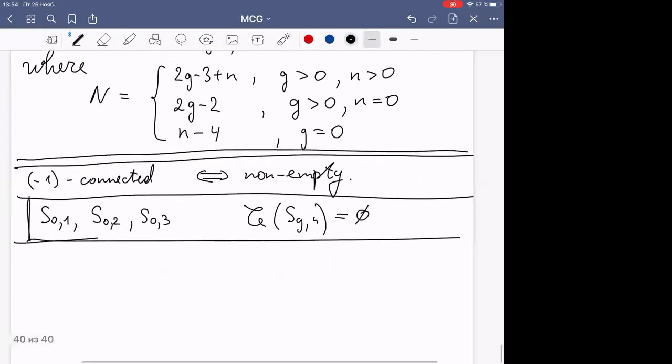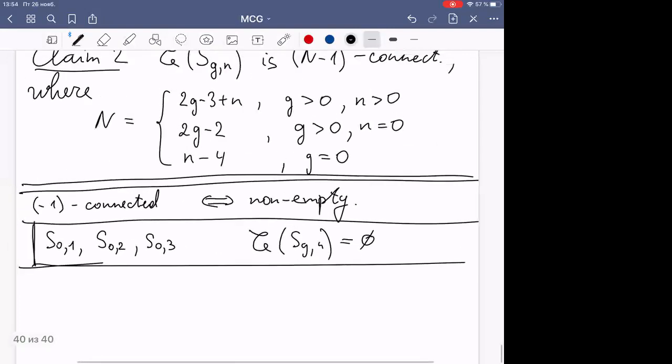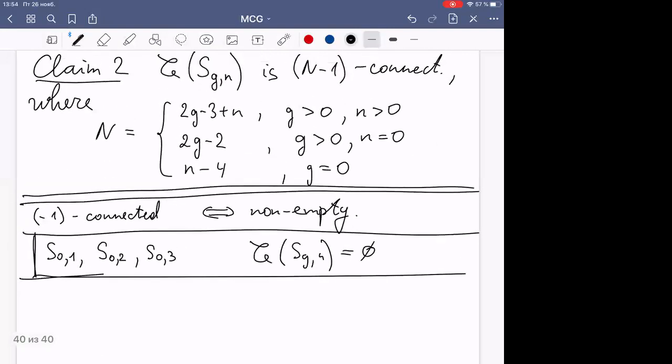And actually, if we look precisely, the only situation when we cannot guarantee that zero connected, which is just connected, one connected is simply connected, and so on.